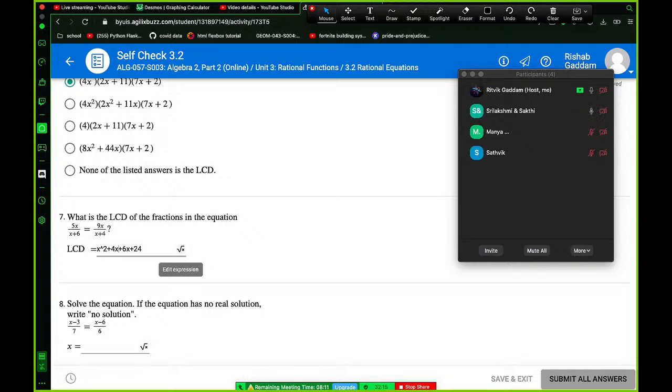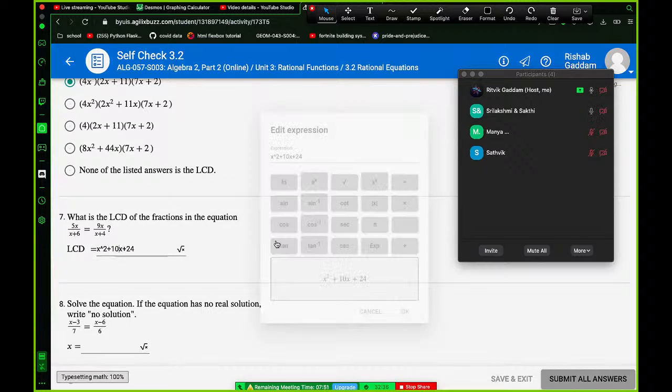Then if we simplify that, we can subtract 4x from both sides, I guess. No, you just have to add 4x and 6x. Oh, 4x and 6x, that would be 10x. So x squared plus 10x plus 24. I think that's it.